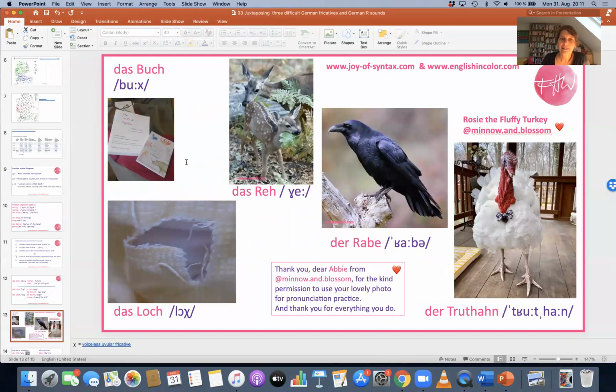Okay, here I'm trying to support you with pictures and photos. Buch, and the sound, this is always the voiceless sound, the velar fricative, Buch.